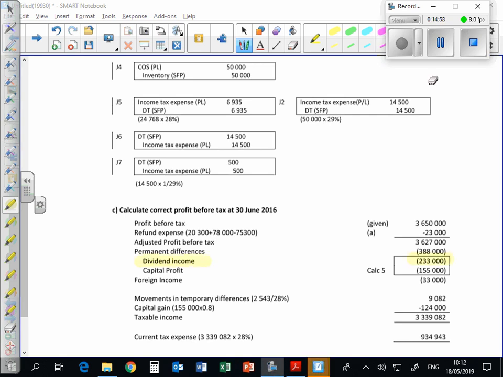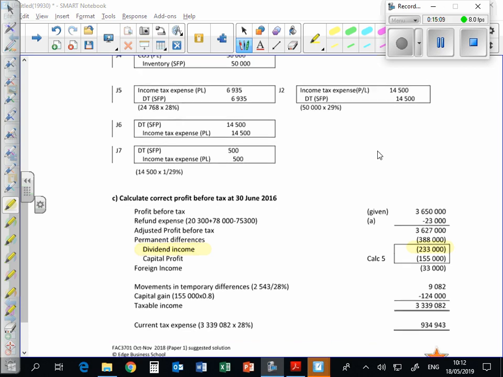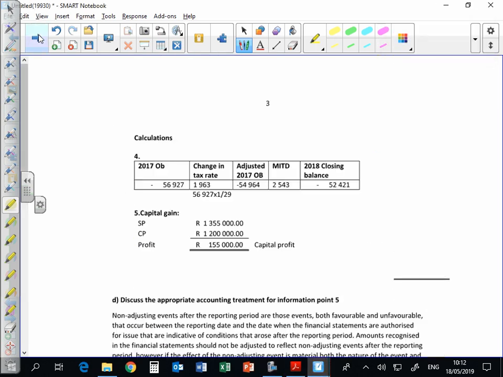We take it off, 233,000. Do you guys want me to work off the memo, or would you prefer if I write everything out as we go? Memo is fine. Okay, 100% then.